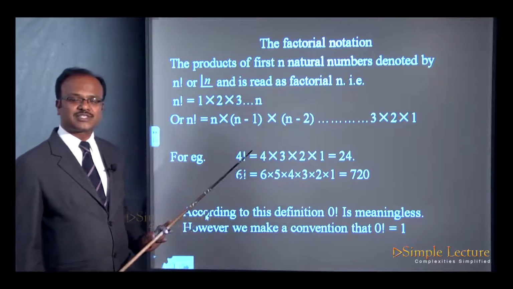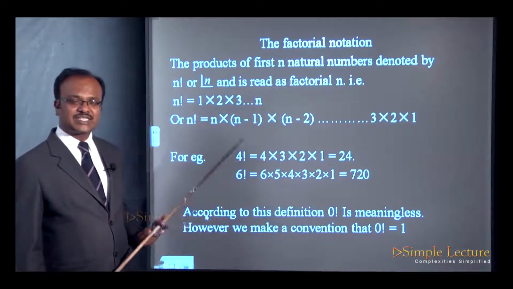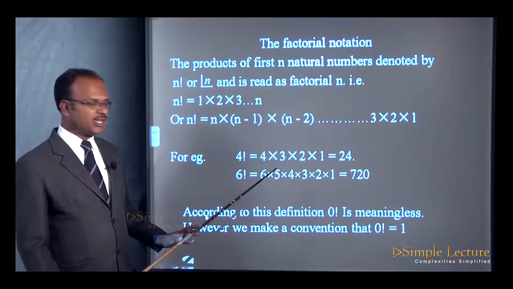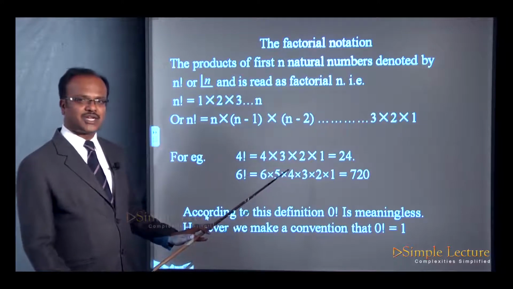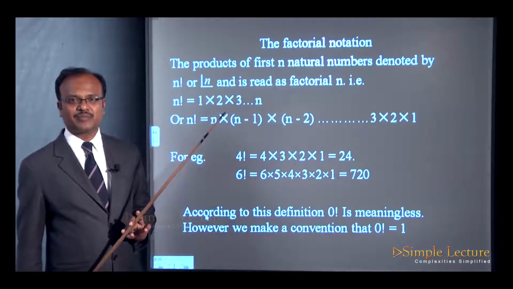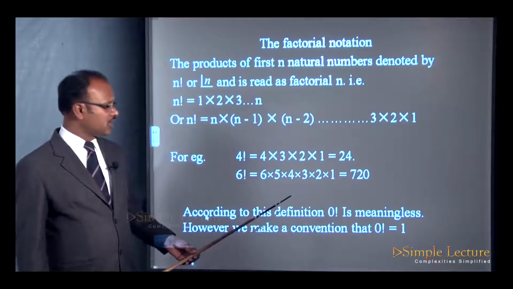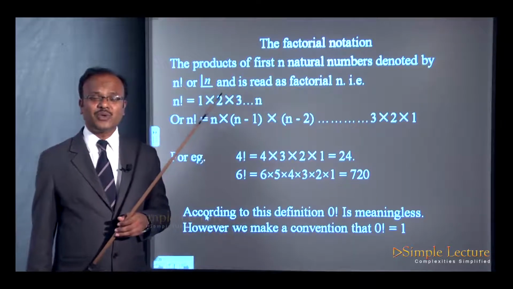Start from 6, go on reducing 1 until you get 1. So 6, 5, 4, 3, 2, 1, whose value is 720.